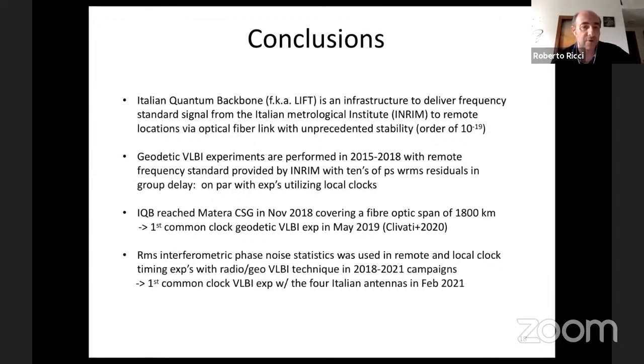And also we performed these interferometric phase noise experiments to study the statistics on the scatter. And we performed the first common clock radio VLBI experiments with the 4 Italian antennas in February 2021. And we are in the process of determining the fractional frequency difference on those baselines.